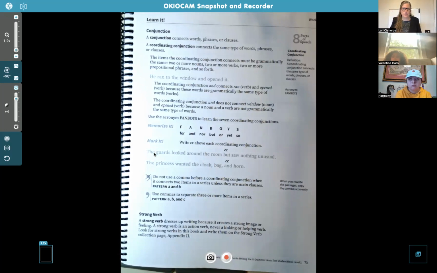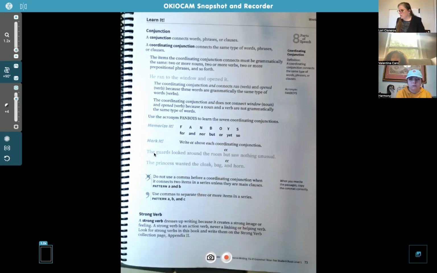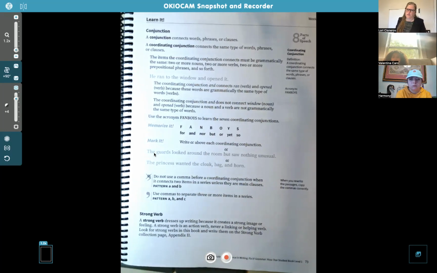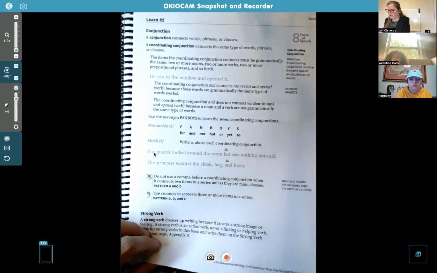Gives the reader a little bit more of an image. So those are the type of words that we're going to start talking about in the writing part of class. But to start, we're going to find them here in the grammar book. So strong verbs, that's what that means. Gives you an image or a picture inside your head.